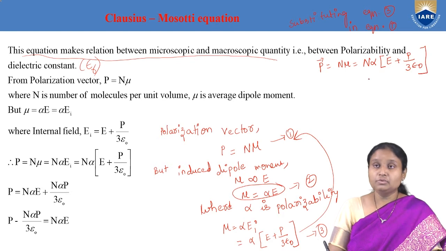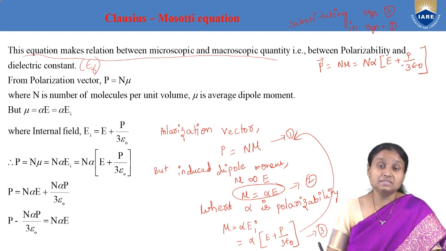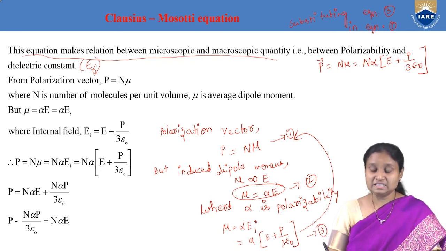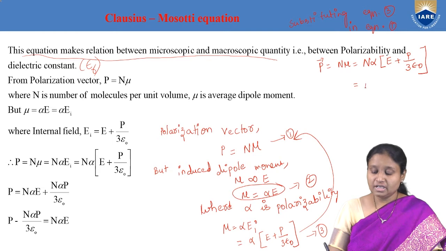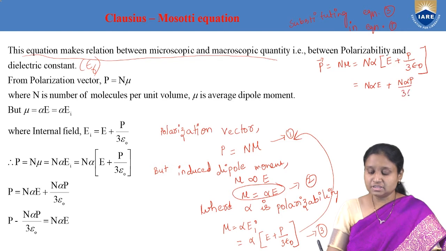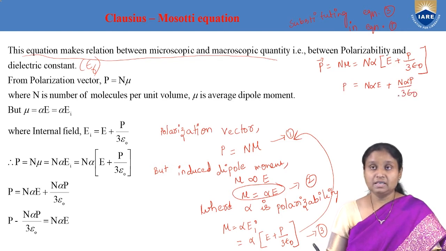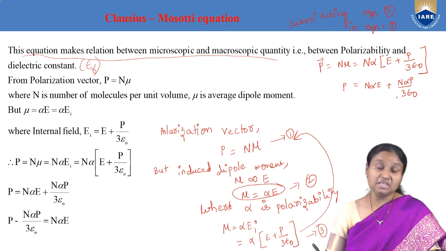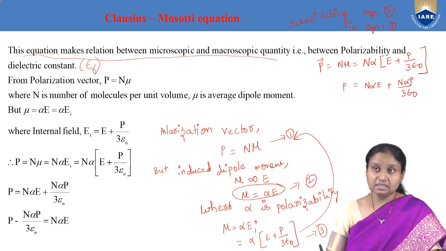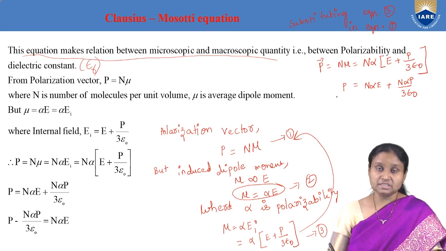Now next, I'm going to simplify this equation. As you can see in brackets, we have two terms, and those two terms are multiplied with this n alpha. Then we'll have n alpha E plus n alpha P by 3 epsilon naught, and here of course we have our P. Just for the time being we are removing that arrow, but P is our polarization vector. Then the second term on the right hand side we bring to the side.